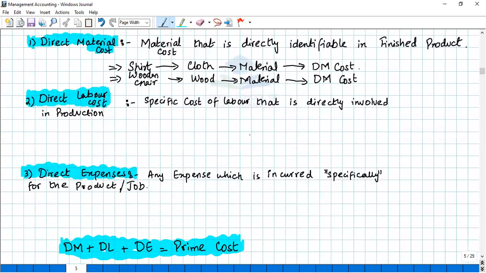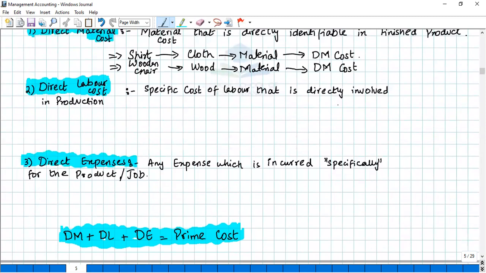Then comes the direct labor cost. Specific cost of labor that is directly involved in production. So labor that is directly involved in production, the cost of that labor is your direct labor cost. Okay. I gave you an example of a shirt. Now, who made the shirt? The shirt is made by the tailor, right? So the tailor makes the shirt.